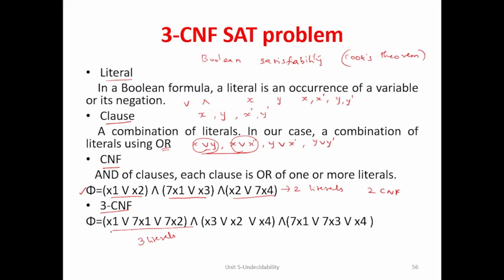There are 3 literals combined in a single clause. The second clause contains 3 literals, and likewise the third clause contains 3 literals. So the combination of more than one clause with 3 literals each is called 3 CNF.